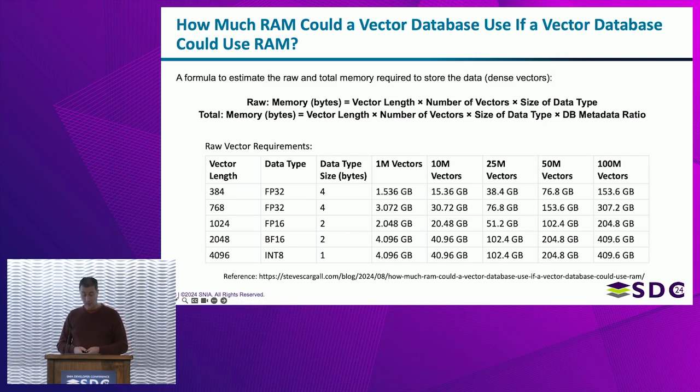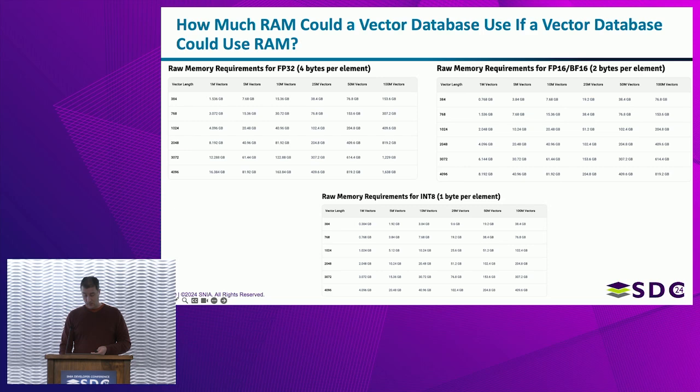So I blogged about this, and I actually broke it down a little bit more. For each data type, like floating point 32, which is the default for most of them, I'm looking at maybe a terabyte or more just to store my vectors in here. And this is dense vectors, I should say. Dense vectors meaning I filled up the entire vector with data.